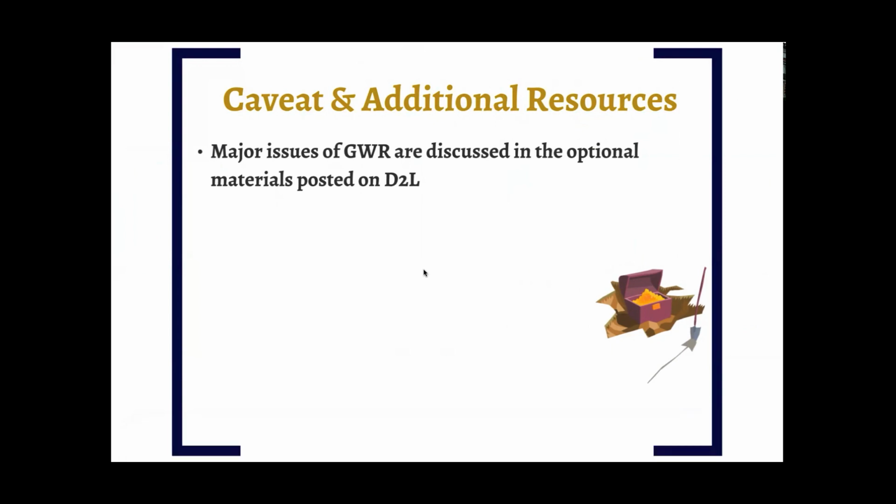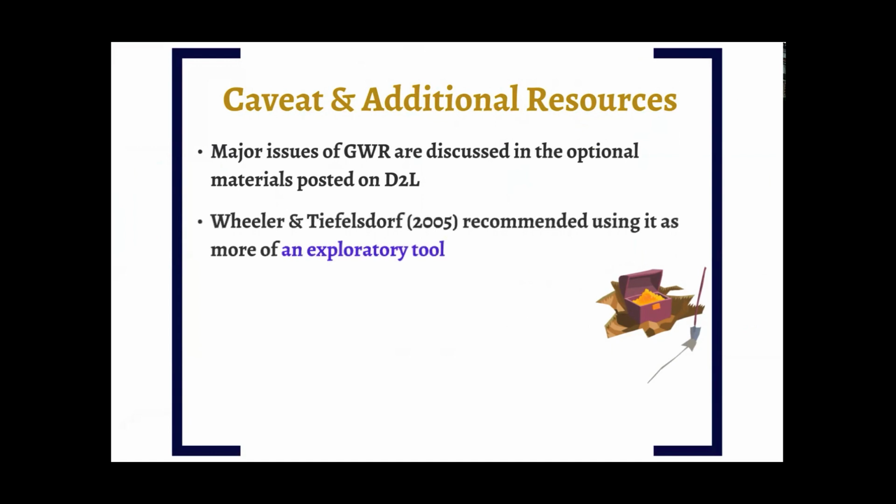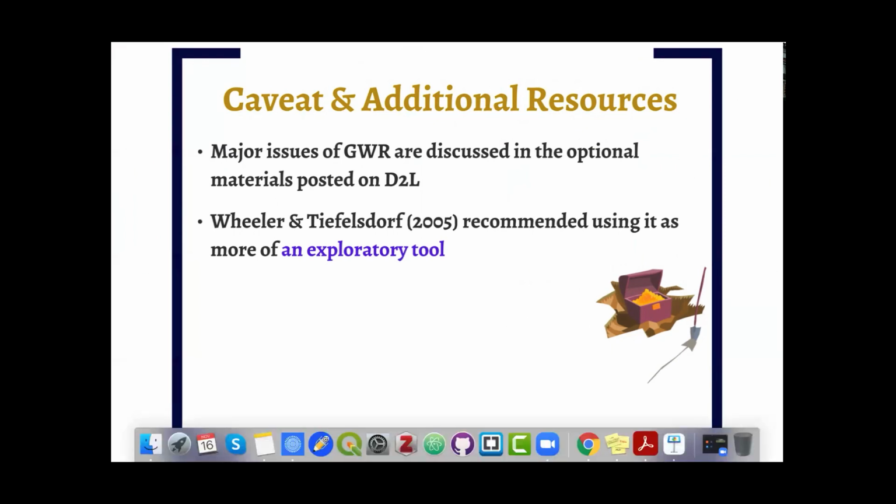So actually, it's recommended that we only use GWR as an exploratory tool, as opposed to doing prediction or drawing a formal conclusion. If you do some research on GWR, and it's mostly for the graduate students who are thinking about using regression, you'll see there is actually a large group of scholars who do not like GWR for formal use.